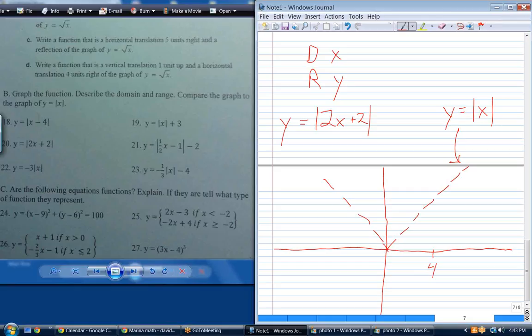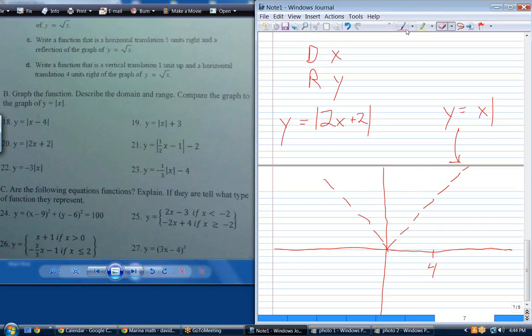It actually gets narrower. Oh yeah, because if it's a fraction, it gets wider, right? There you go. As long as we're talking about the coefficient in front of the x and inside the function, then it's a horizontal shrink, basically. In other words, if I was plotting this, if I stuck a 2 in front of that, it would cause this thing to look like this. Which is a horizontal shrink.